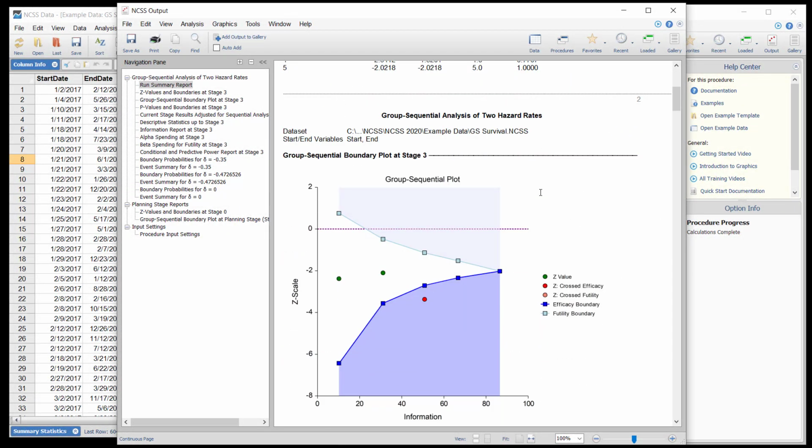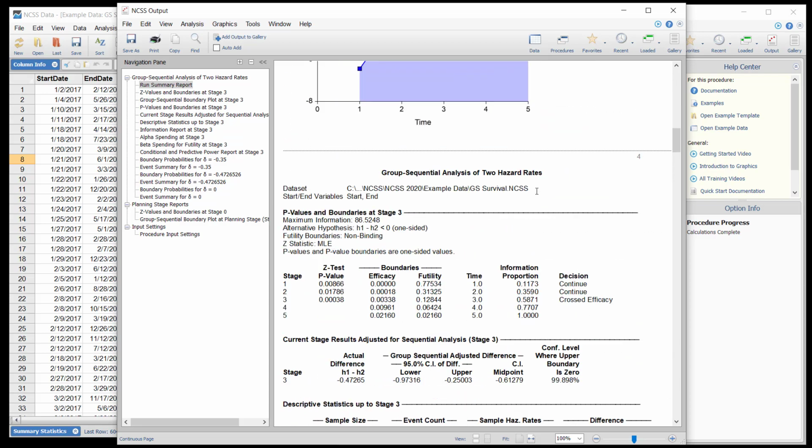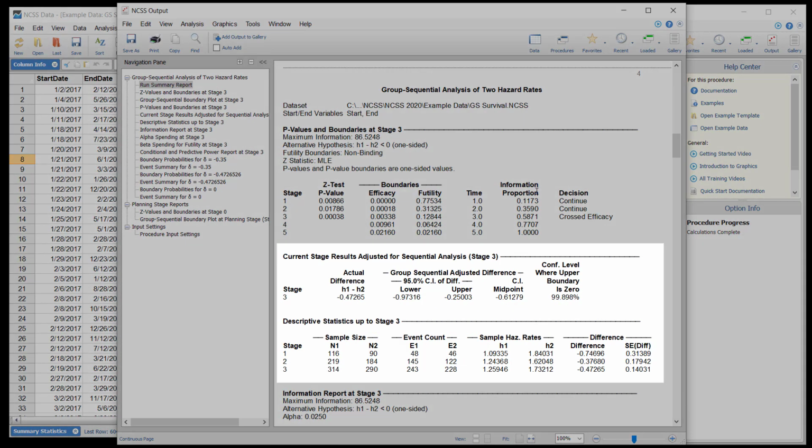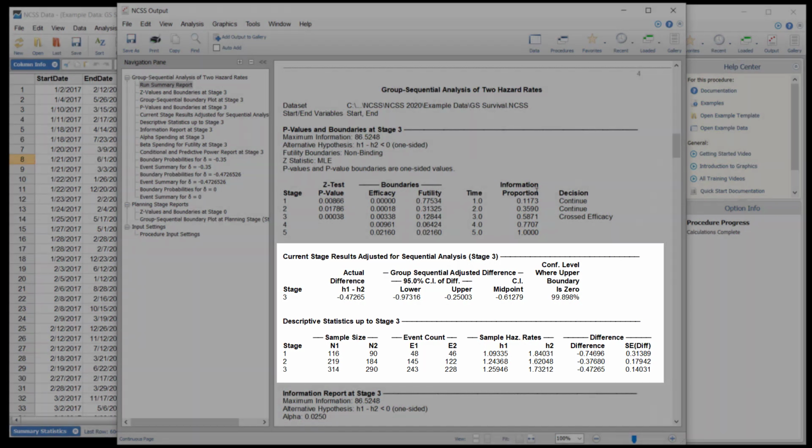The Stage 3 efficacy boundary has been crossed, indicating that the null hypothesis of equal hazard rates can be rejected at the 0.025 level. The stage results and descriptive statistics give useful summary information.